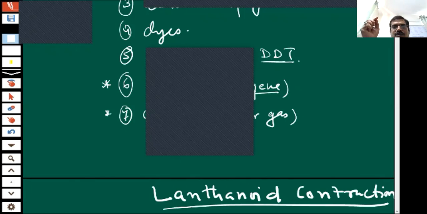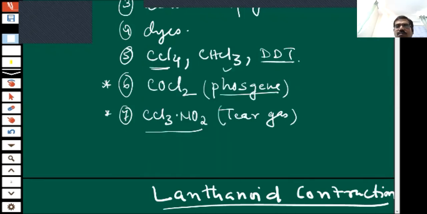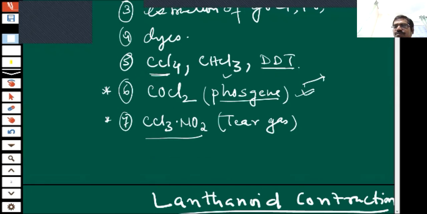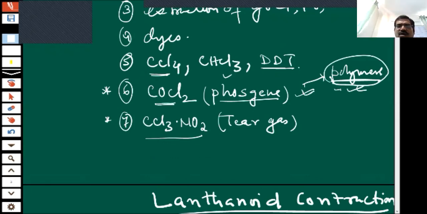What is the use of COCl2? It is used in some polymer industries and all. But I am trying to say that it is a poisonous gas.